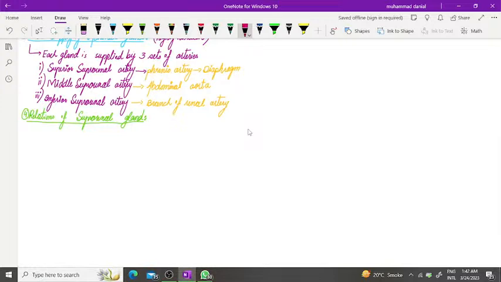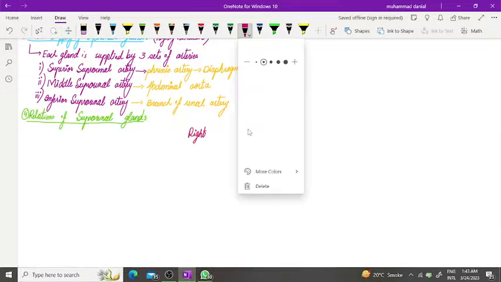Now let's suppose this is the right suprarenal gland, and here is the left suprarenal gland.